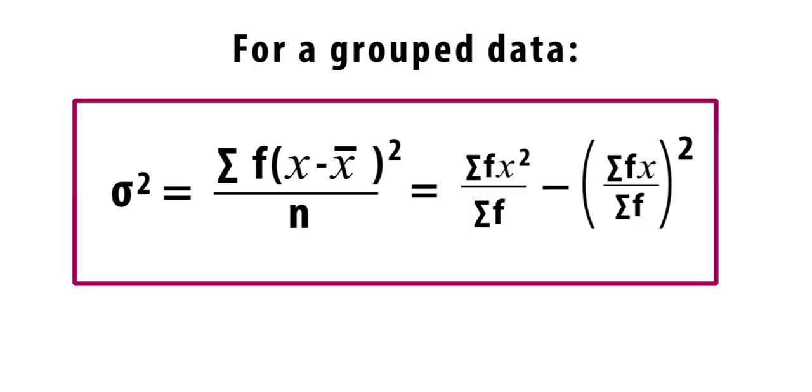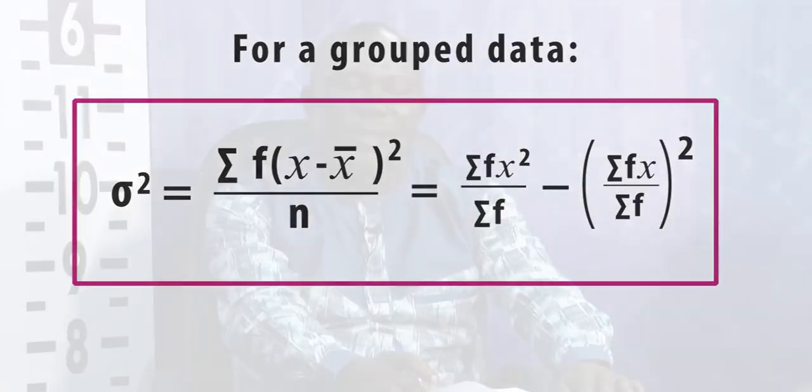We can also use the formula summation fx squared divided by summation f, minus (summation fx divided by summation f) all squared. That is the variance.